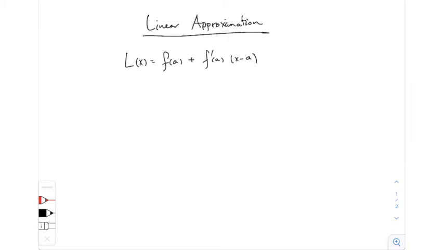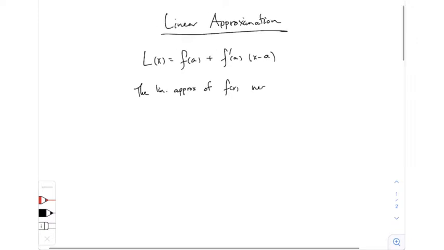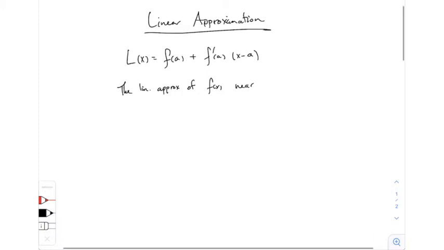When you use this formula, this is the linear approximation of f of x near x equals a, or at x equals a. That's what you call this.